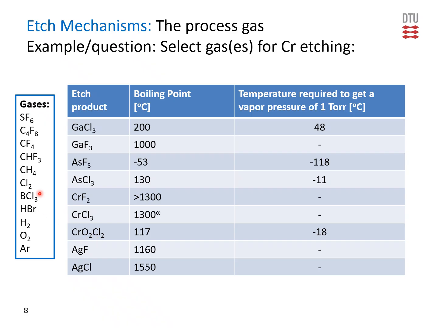So from the list over here, I would pick oxygen and chlorine to etch chromium. And it's important to have both, or else you know that you will get a non-volatile product, and that may end up somewhere else in the chamber and contaminate it and make it bad for the next user.